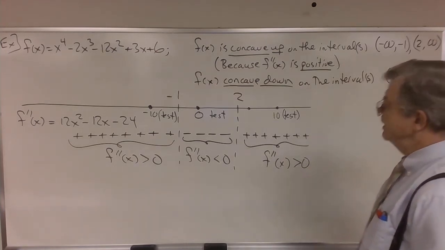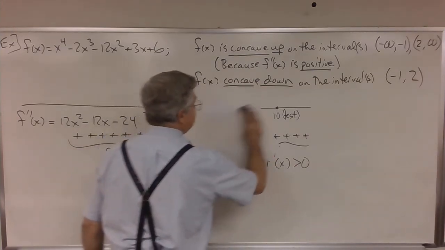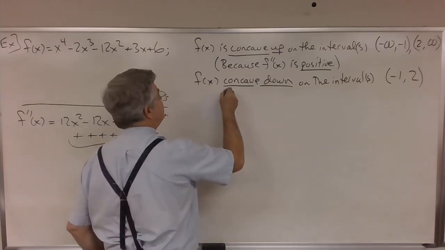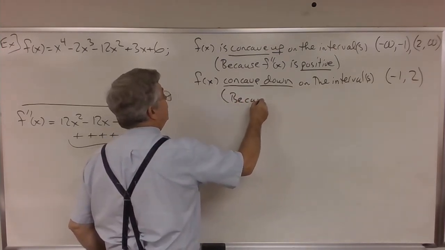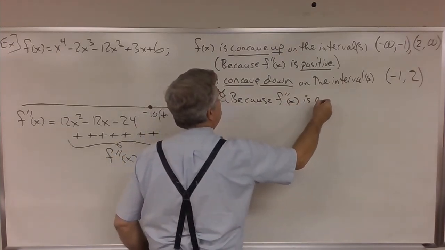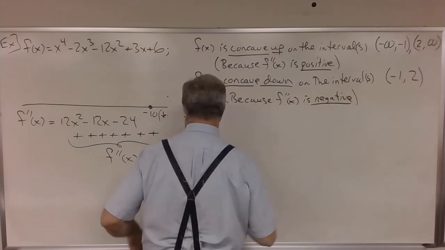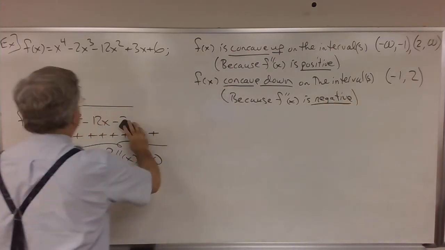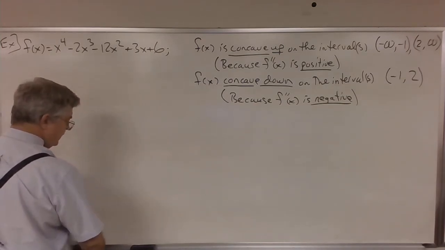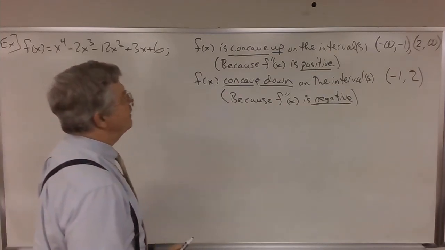That's the only place. And we'll remind ourselves of why f of x is concave down on that interval. It's because the second derivative is negative. So we know where f of x is concave up. We know where f of x is concave down.